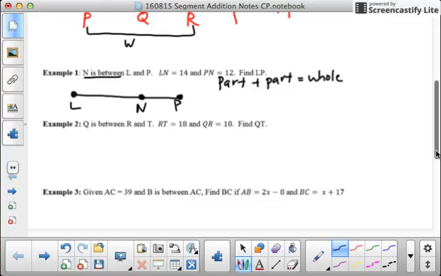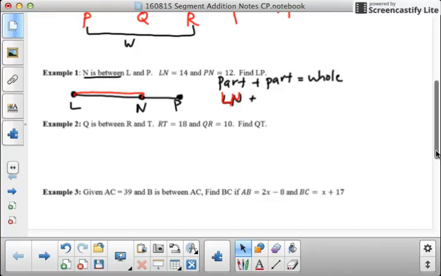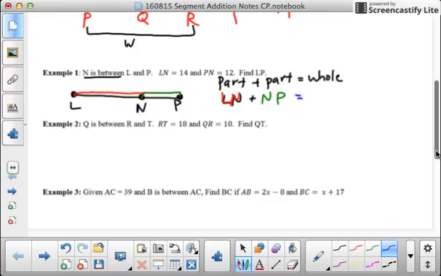What are my parts here? LN is part 1, and the second part is NP. These must equal the entire line segment LP.